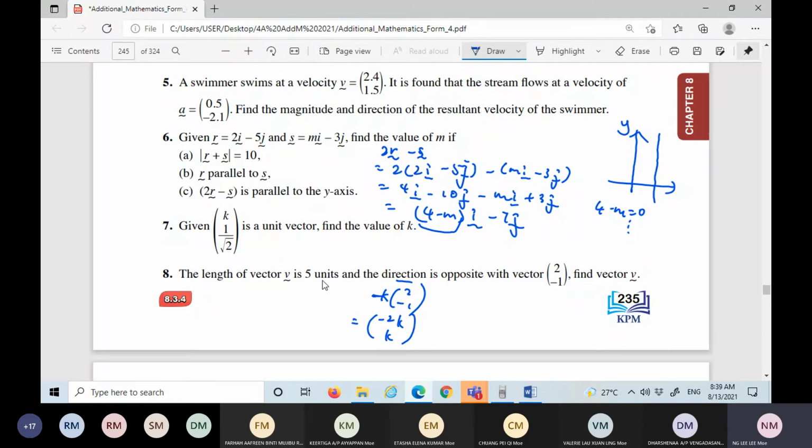Because you know the magnitude is 5, from here you can get the magnitude. 5 times 5 is 25. Then from here you are able to solve for k, and replace the k here, then this is the vector V that you want to find.